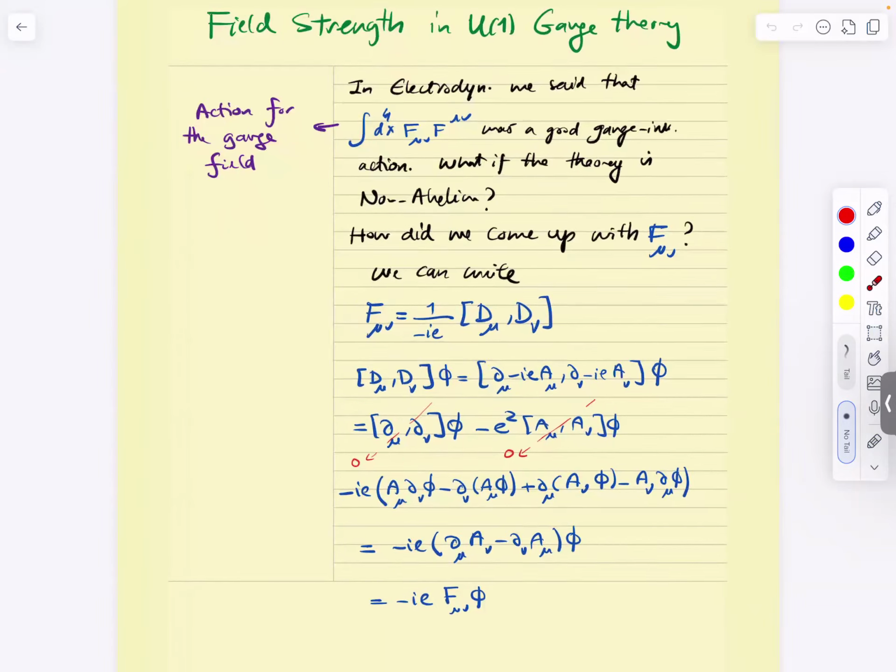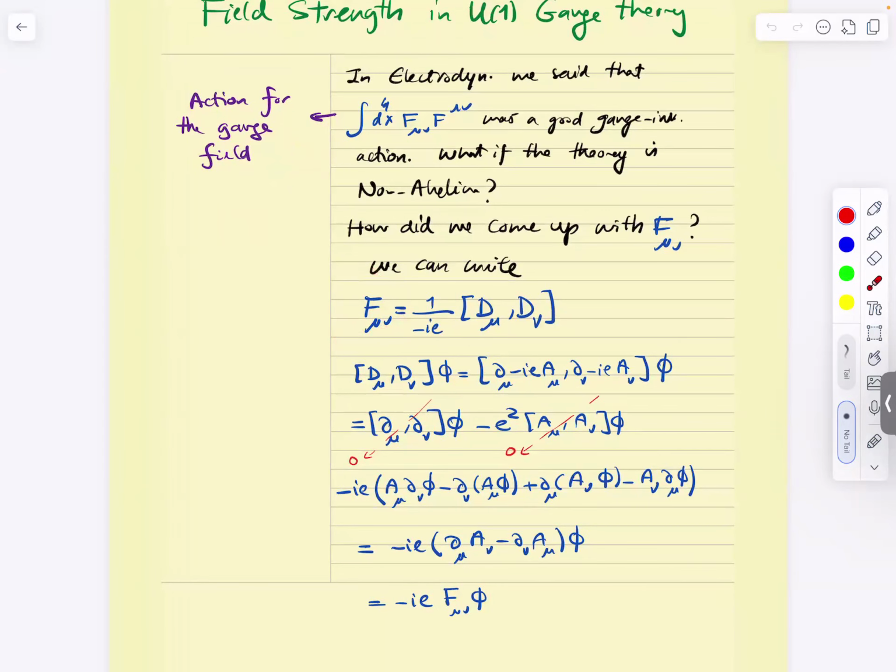So a nice way of writing F mu nu is as 1 over minus ie, where e is the electric charge, times the commutator of D mu and D nu. These are covariant derivatives. So let's see why that's the case. Well, what is D mu? D mu is del mu minus ie A mu, right?